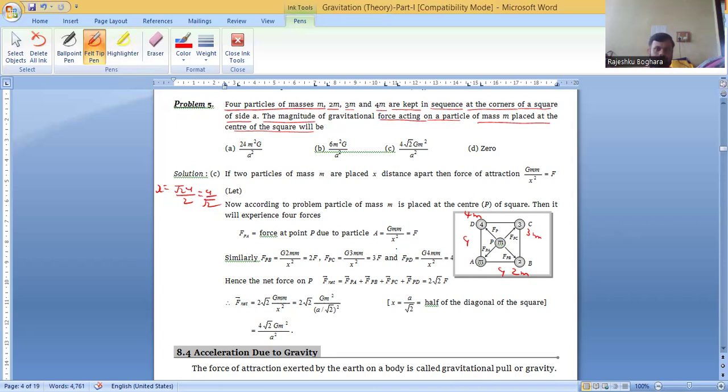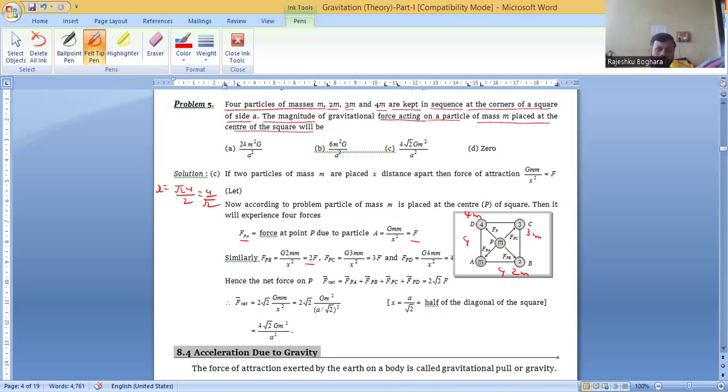So here we write force on P due to A: G m square by x square. Here we take F. Force on P due to B: G, B's mass is 2m, so 2m into m by x square means 2F. Force on P due to C: G, C's mass 3m, m upon x square, 3F.